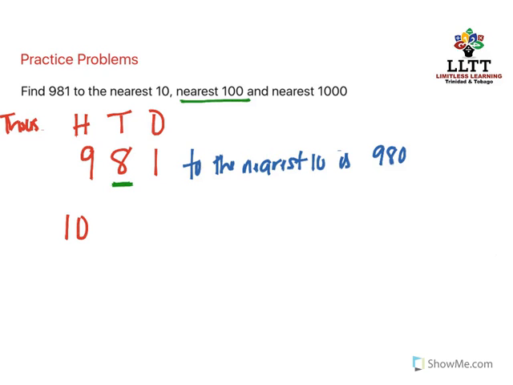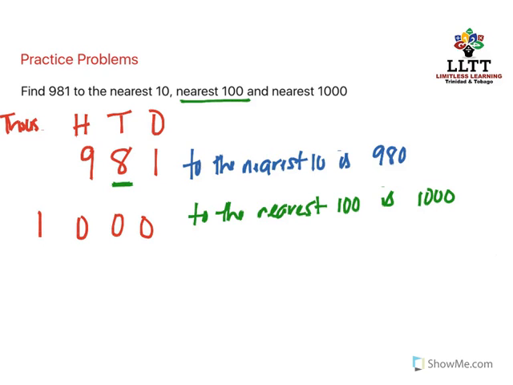So our hundreds digit is 9. 9 plus 1 is 10. So that means we have to put the 0 under hundreds and the 1 under thousands. That's giving us our 10. And then we're going to replace our tens and ones digits with zeros. So when we have 981 to the nearest 100, our answer is 1,000.